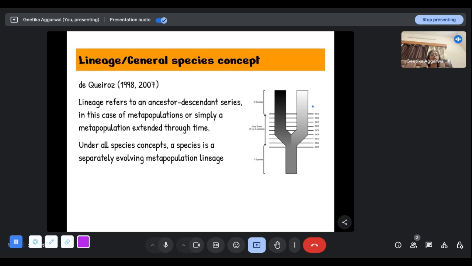But the moment one of these species concepts is applicable, you should be able to distinguish them into two different species, right? Under all the species concepts, a species is a separately evolving metapopulation lineage. So when you're plotting these metapopulations on a phylogenetic tree, if they fall into different lineages, even under one of the species concepts, then you should be able to call them a separate species, right?